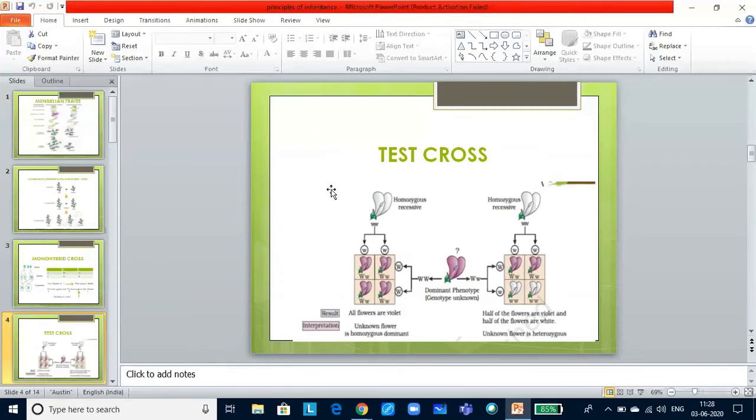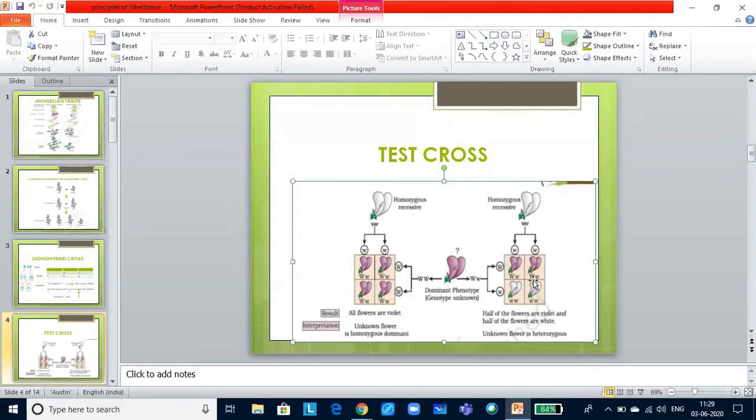When we do the crossing, if all the flowers are violet, that means the dominant trait is present and the ratio of purple flowers to white flowers is 4:0, then the plant under consideration is homozygous purple.